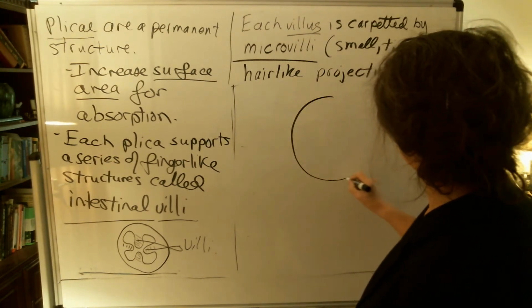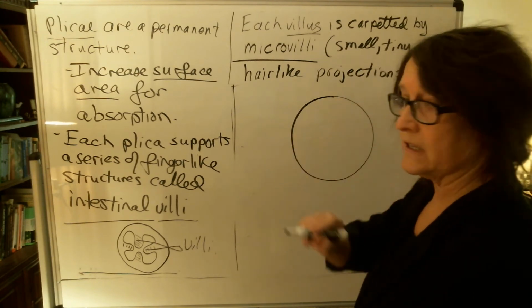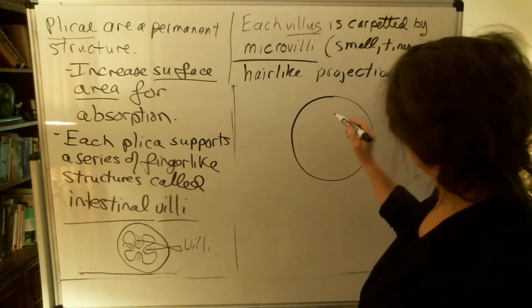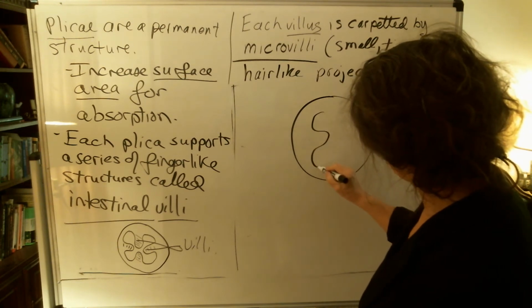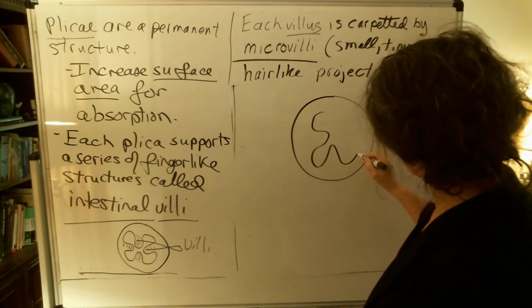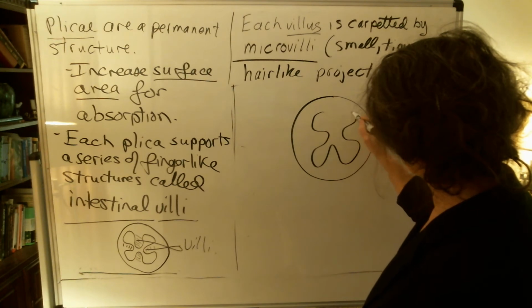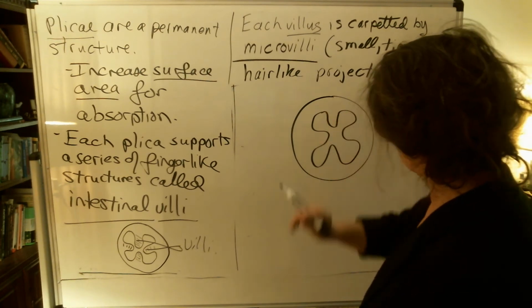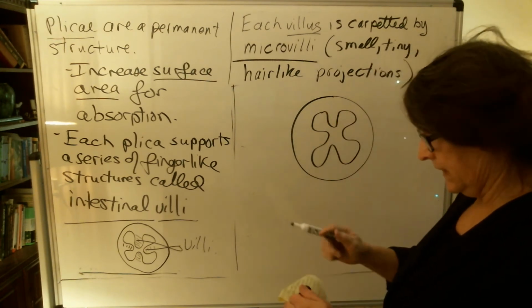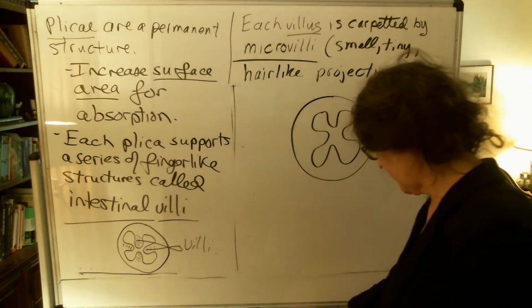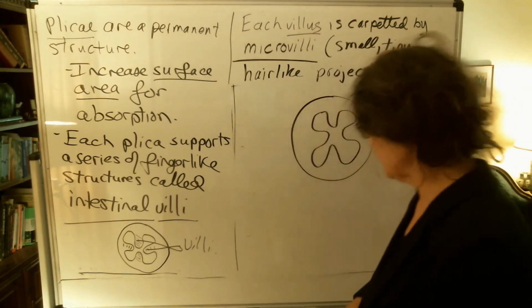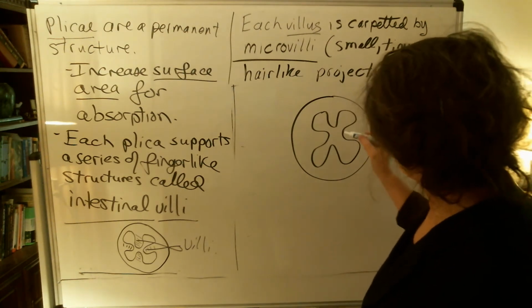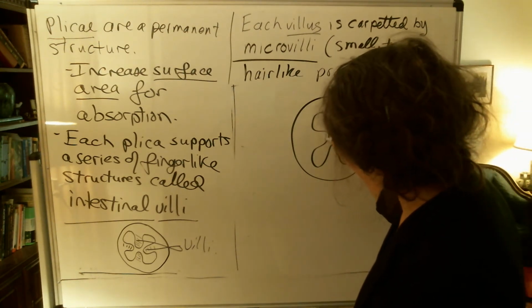So let's draw this out a little bit more nicely this time. So here we have a cross section through your small intestine. Let's draw in the villi now. So there are the villi, and I'm going to make the villi in blue just so you can see them a little better.